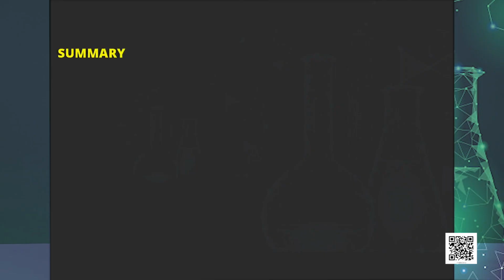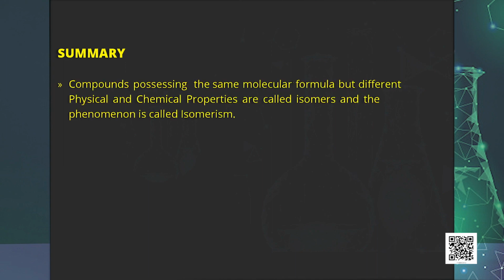Now, with this, session is over. So, quickly let us summarize what we have learnt in this session. So, the points are: compounds possessing the same molecular formula but different physical and chemical properties are called isomers, and the phenomena is called isomerism.